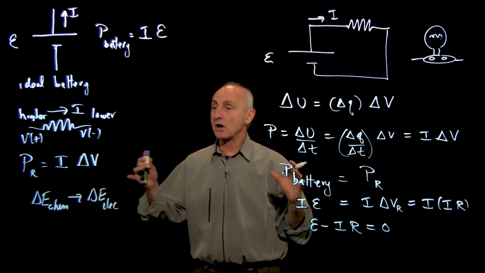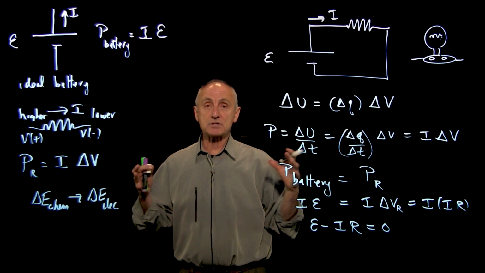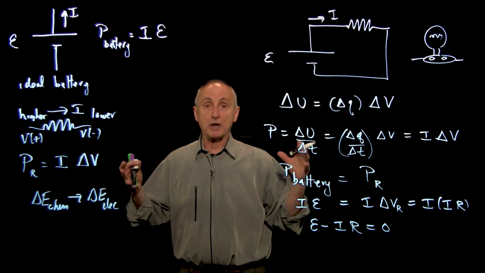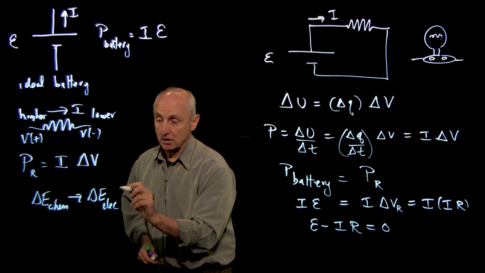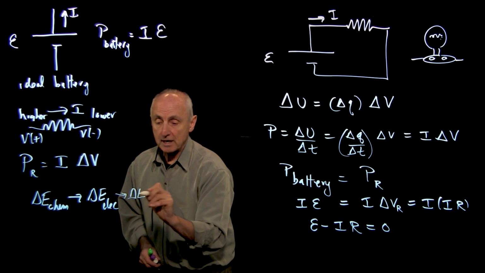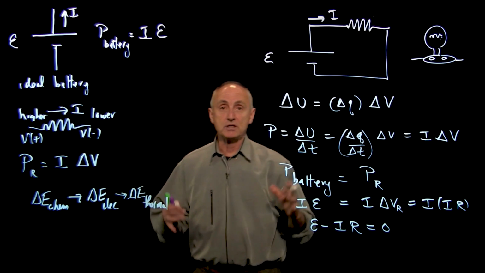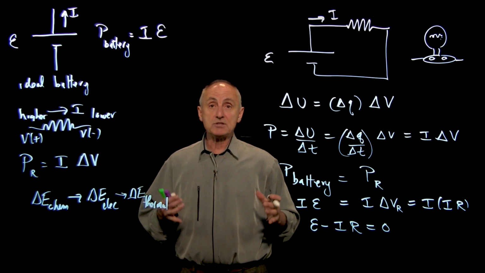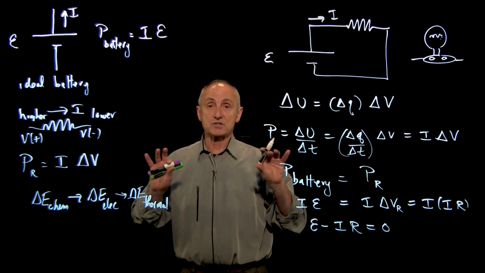Now, in the lattice of the resistor, there are collisions, and the lattice starts to vibrate. And what we see is that there's a dissipation of that electrical energy into what we refer to as thermal energy. This is the energy of vibration in the lattice. That means an increase in thermal energy, so the wire gets warmer.